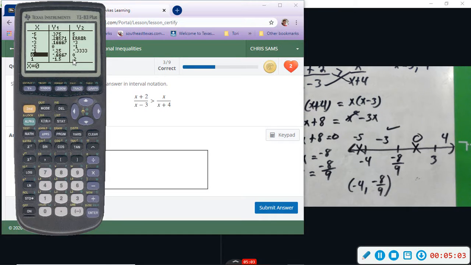And lastly, we're going to look at 4. So go down to where x is 4. Alright, and now we want to know, is 6 greater than 0.5? And yes, it is. So this works. So that means from 3 to infinity, because it goes to the end of the line. 3 to infinity. So here's our solution. So we're going to just plug this in.